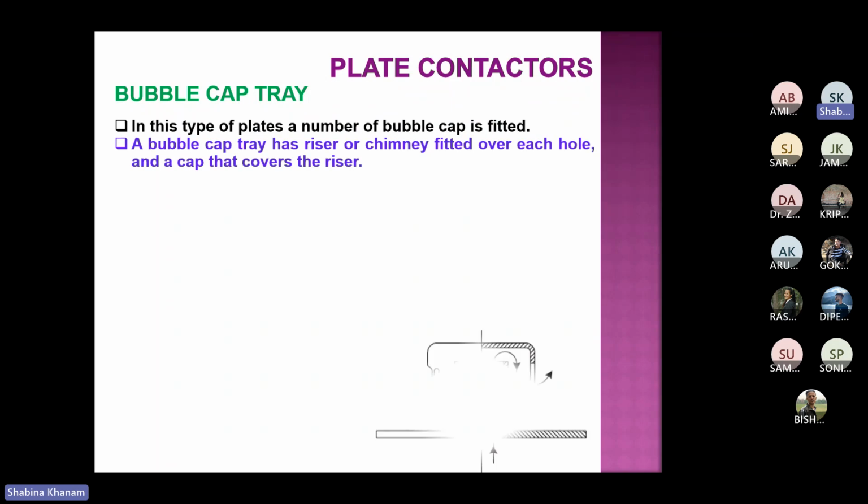Okay, so a bubble cap tray has a riser or chimney fitted over each hole and a cap that covers the riser.